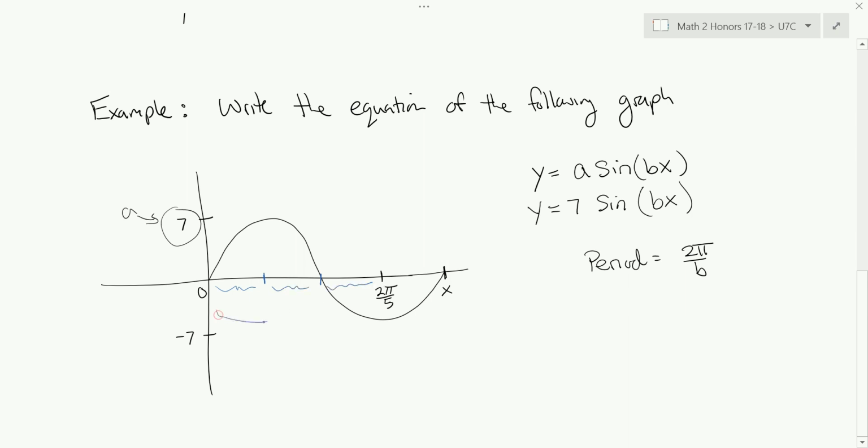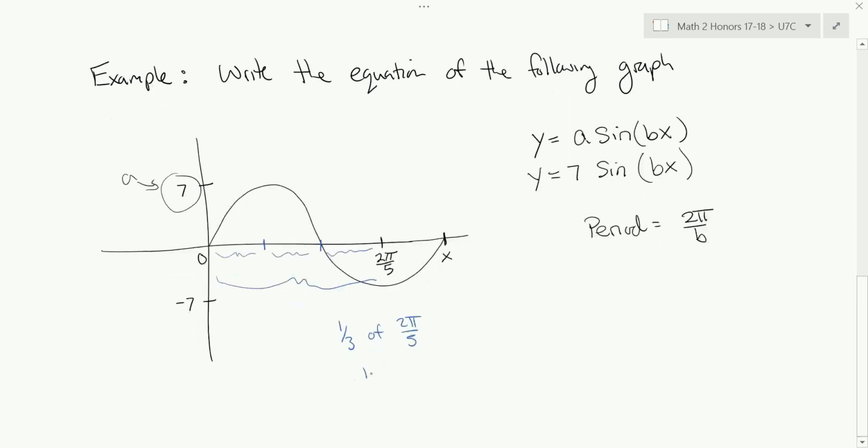And so if we know this full distance is 2 pi over 5, we can go back and find out, well, what's one of those segments? If 3 of the segments equals 2 pi over 5, we can find one of them by dividing it by 3. And so I'm going to find 1/3 of 2 pi over 5, which in this case would be 2 pi over 15.